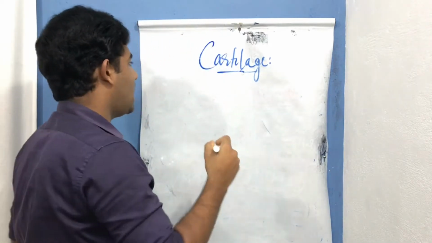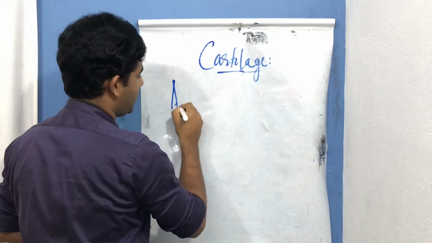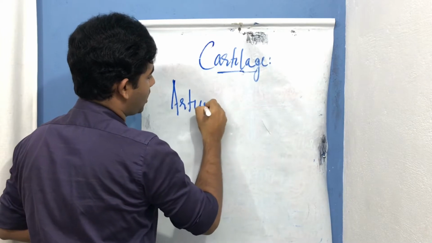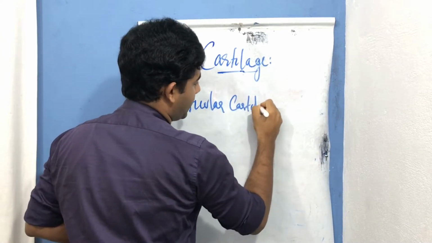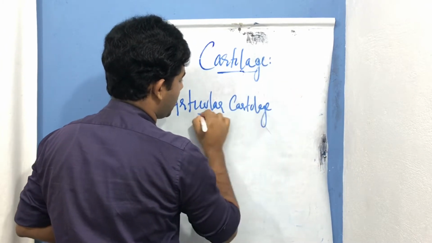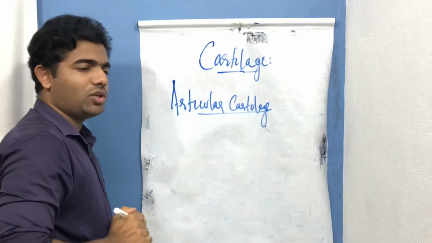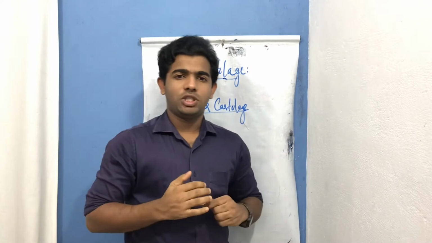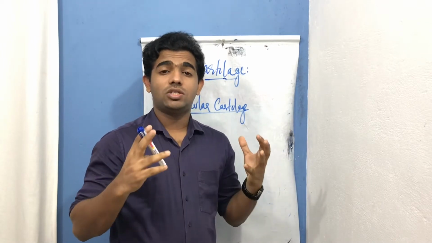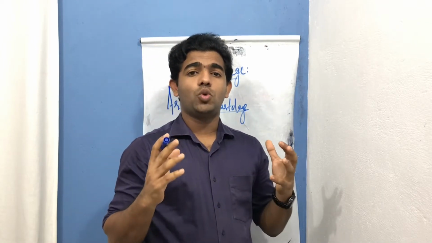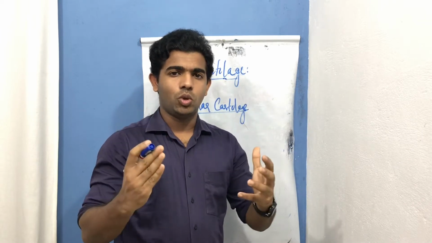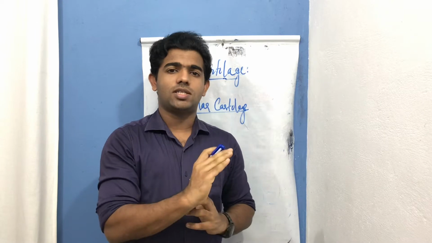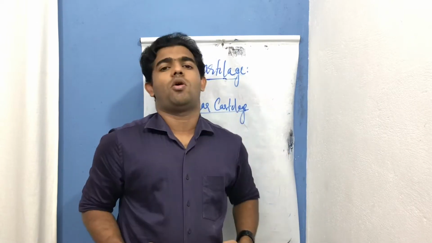That is the articular cartilage, which we see in most of the joints around the human body. Articular cartilage is a connective tissue that lines the articulating surfaces of two opposing bones.